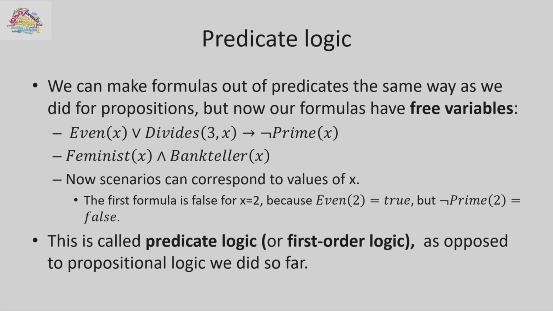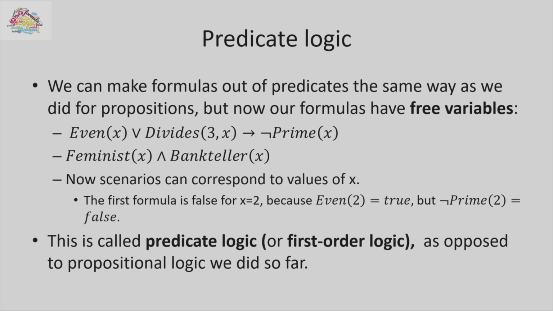So for such formulas where we have x just floating around, ready to be replaced with whatever we want, we call such x a free variable. We are free to replace it with any value of the domain. For example, in the second formula, where we have a different formula and a different x, here x means some person.